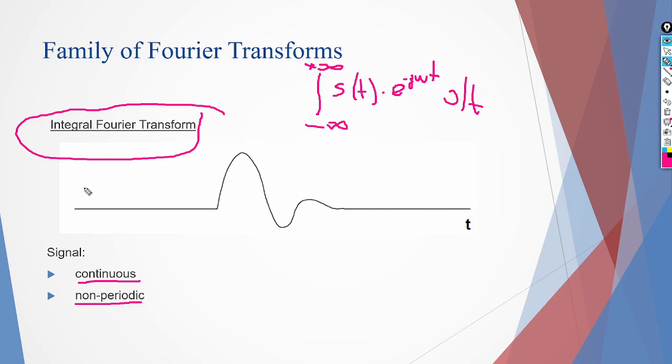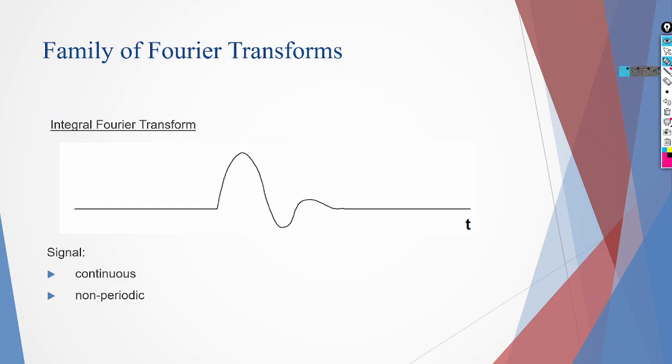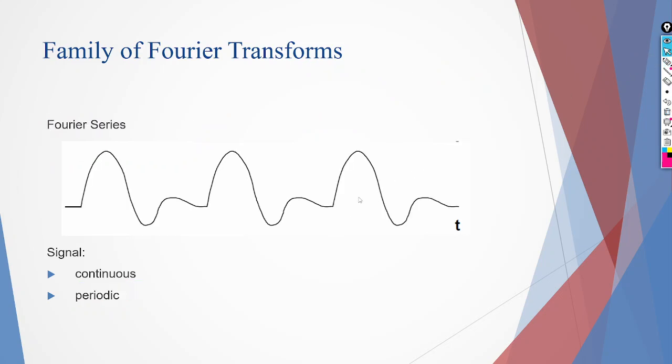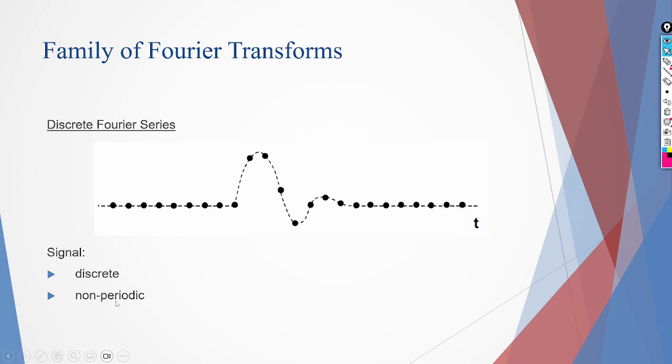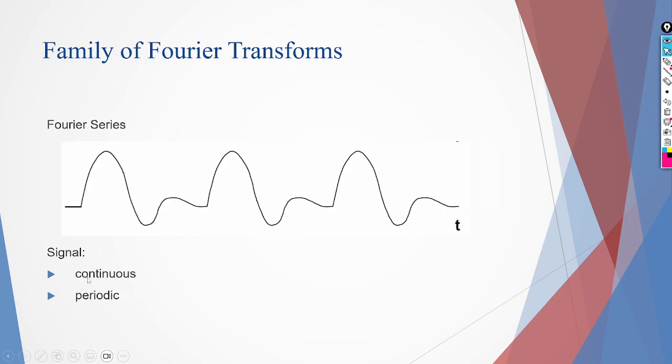Now, once we start speaking about your signal being somewhat specific, like periodic, for example, or discrete, then you have some improvements to this formula to make it easier for you to work with. For example, the Fourier series is a specific case of the Fourier transform when your signal is periodic, not non-periodic, but still continuous.